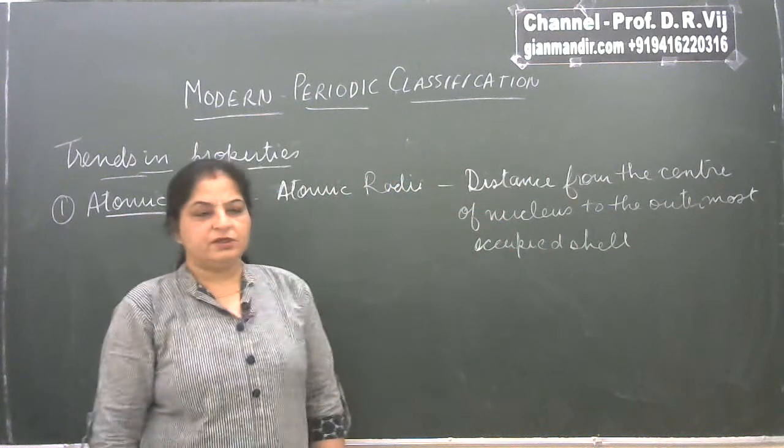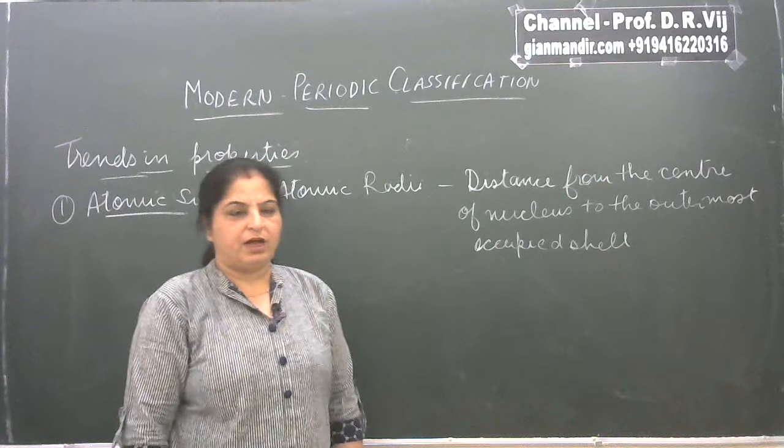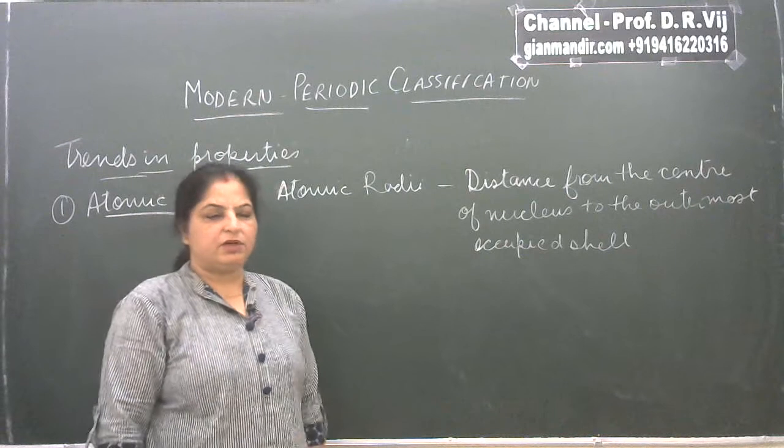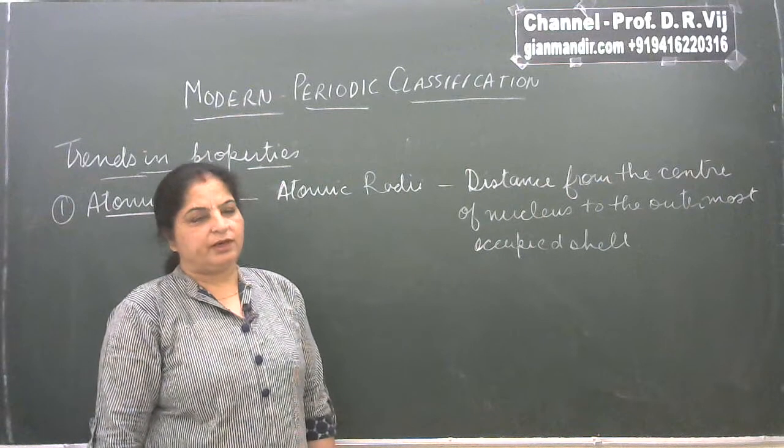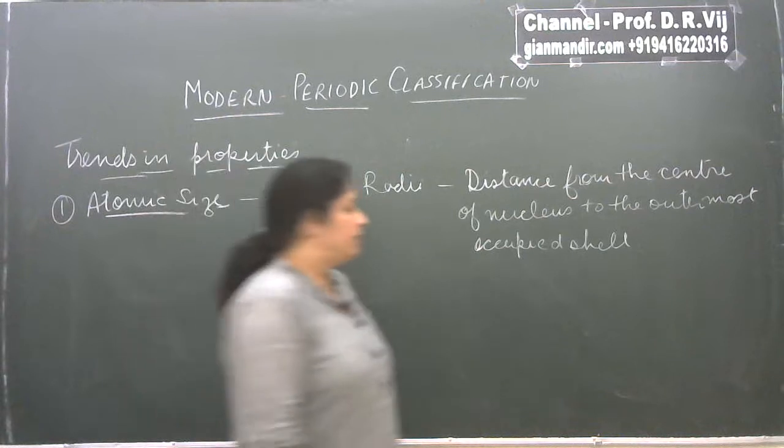So the distance from the center of nucleus to the outermost occupied shell, or you can say to the valence shell, is known as its atomic radius.